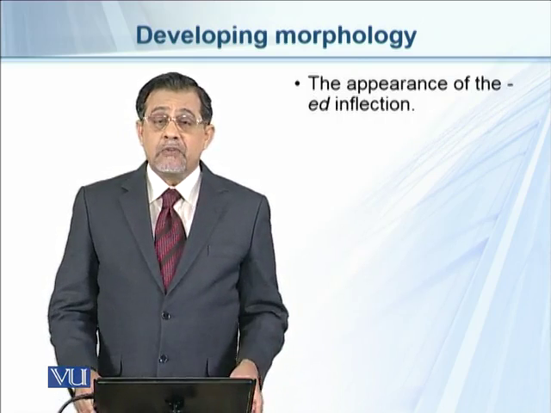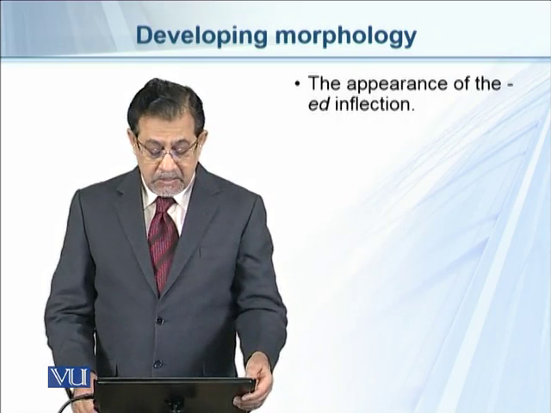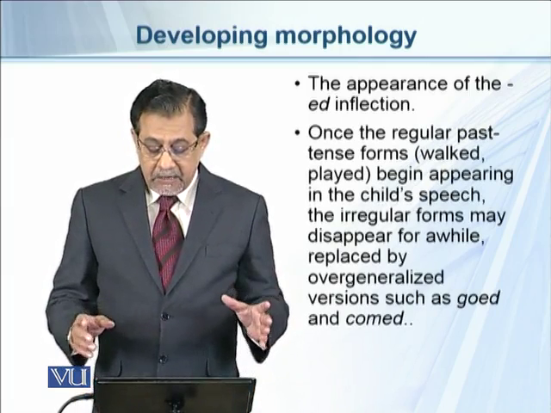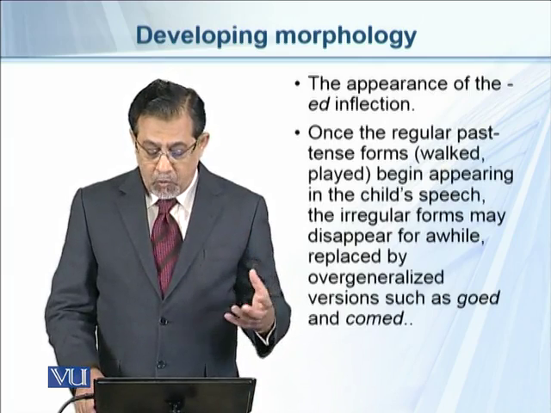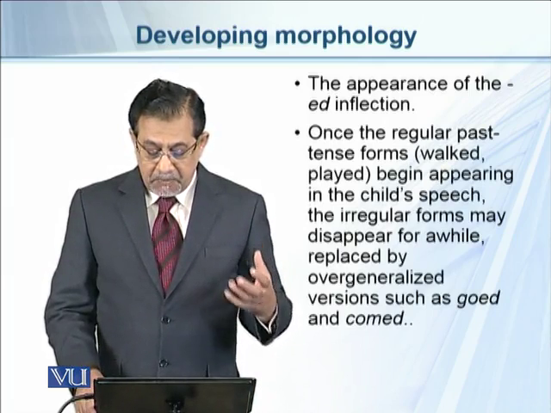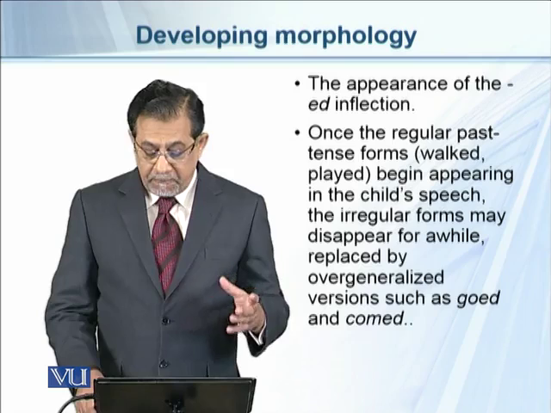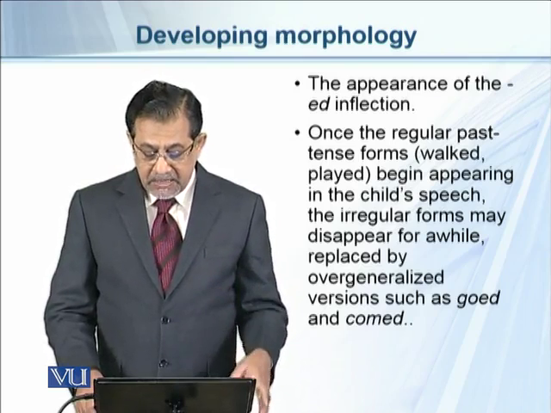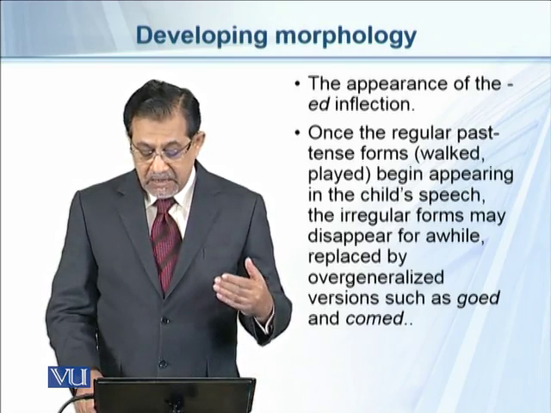Now comes the appearance of ed, which is the regular past tense inflection. Once the regular past tense forms like walked and played begin appearing in the child's speech, the irregular forms may disappear for a while, replaced by overgeneralized versions such as goed and comed.